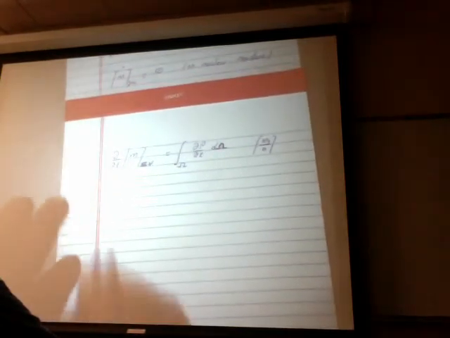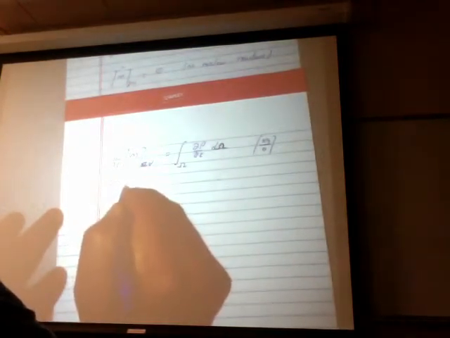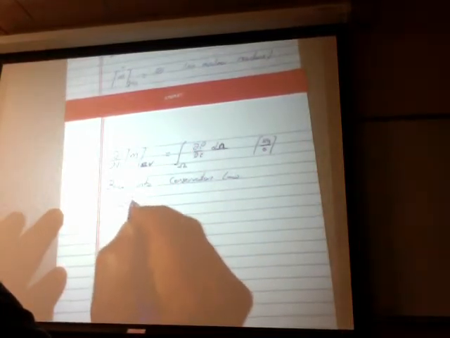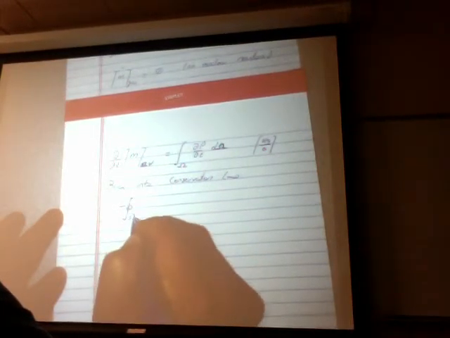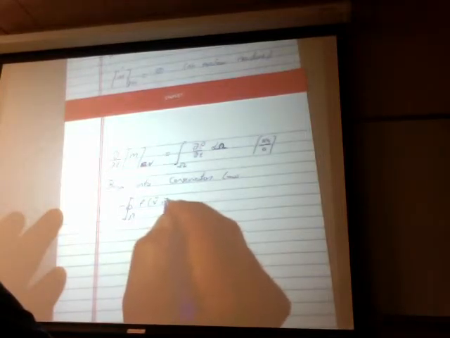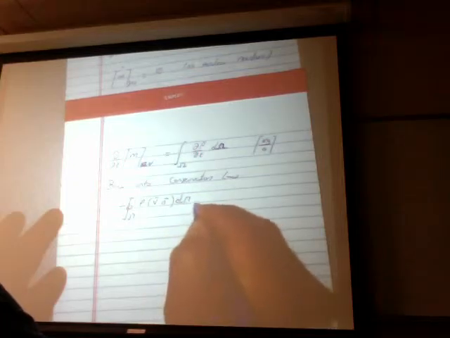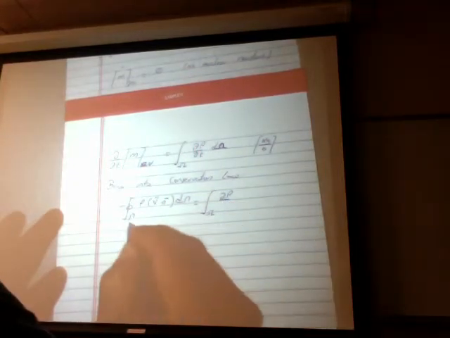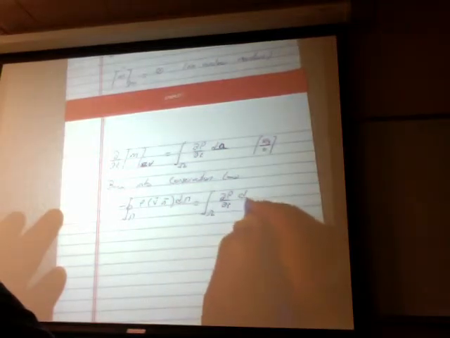So when we put this back into conservation, we end up with minus the integral over the boundary of rho v dot n d gamma is equal to the integral over the domain of d rho dt d omega.